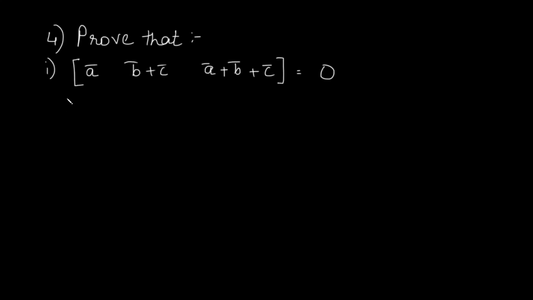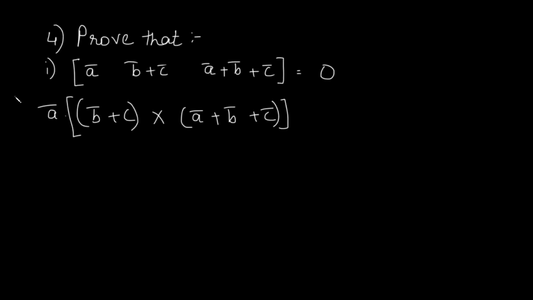Now, in this case, box A, B plus C and A plus B plus C can be written as A dot B plus C cross A plus B plus C. These are LHS, so let us write it as LHS over here.